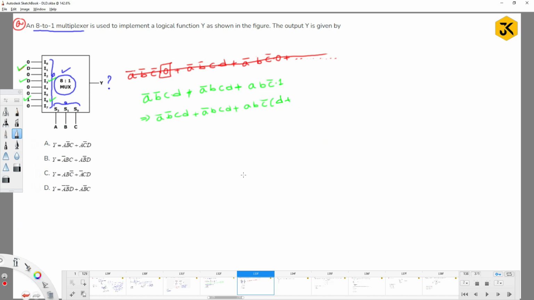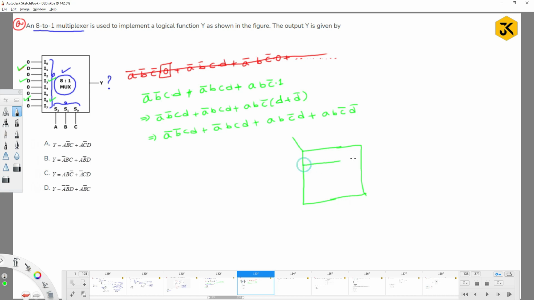So try to apply the distributive formula: A B C bar D plus A B C bar D bar. This is as usual and it will be continued.